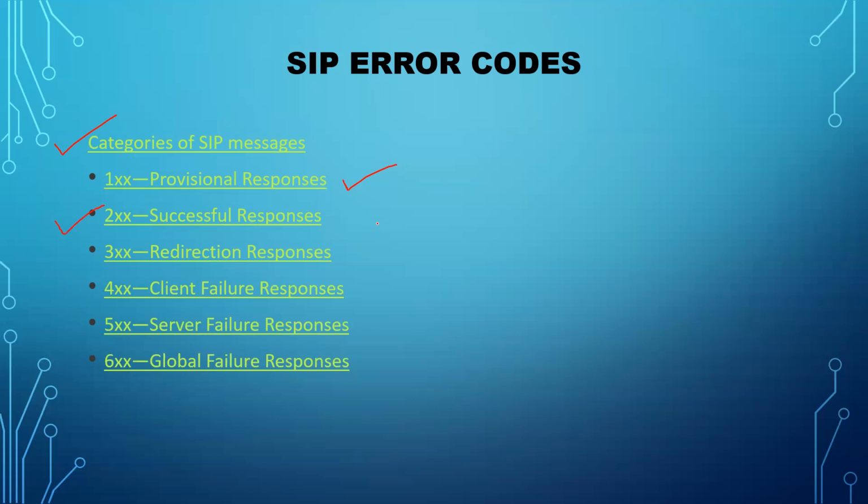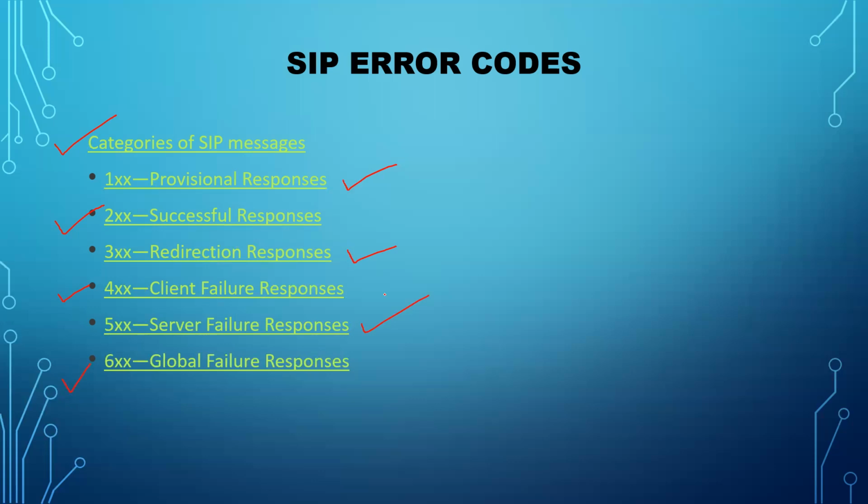Then we have 3xx, redirection responses. If your call is to be redirected temporarily or permanently, that would be under 3xx. Then we have 4xx, which is a client failure response, 5xx server failure, and 6xx global failure response.